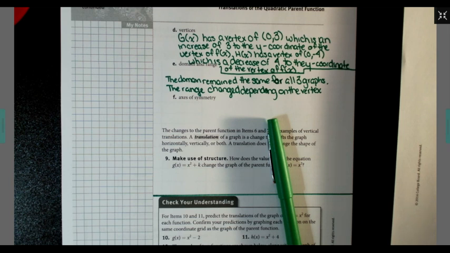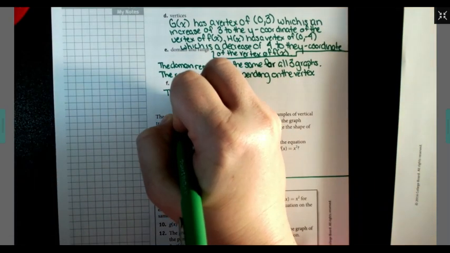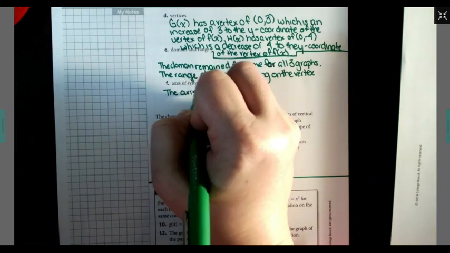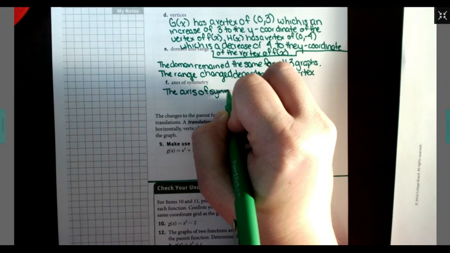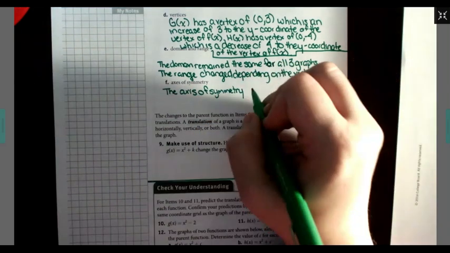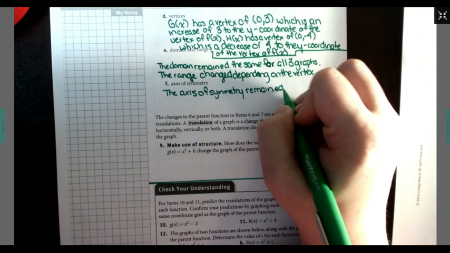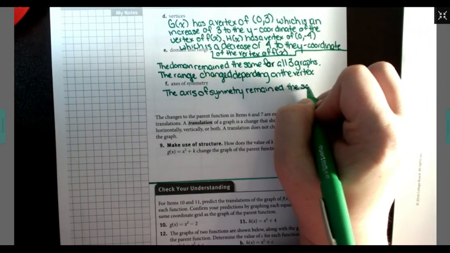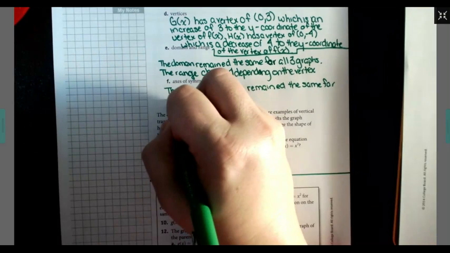Talk about the axis of symmetry for all of them. The axis of symmetry remains the same for all three graphs.